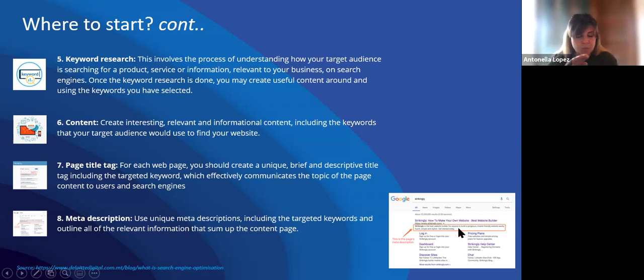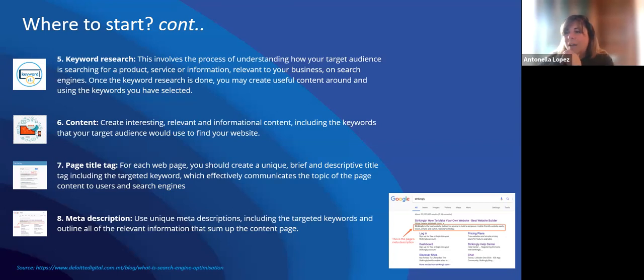So users will scan and go, oh yep, that's the page that I want to go on to, because they've been given a bit more information about what that page is going to have, and they'll be tempted to click through and go onto your page. So that's where you get your traffic from, and you've got to tempt the users to click through.